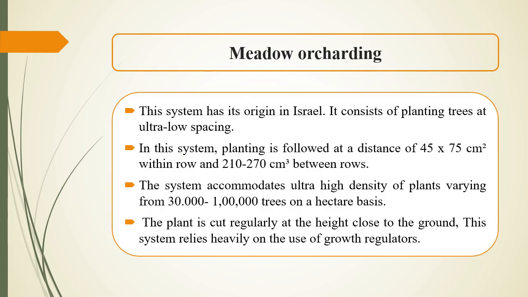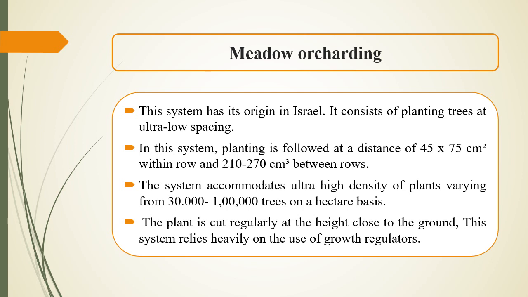Next, coming to meadow orcharding, this system originated in Israel, and in this system ultra high density planting is followed, and the plants are planted at a distance of 45 to 75 centimeter within row and 210 to 270 centimeter between rows.